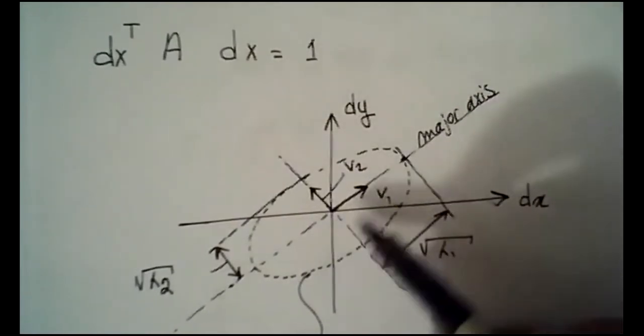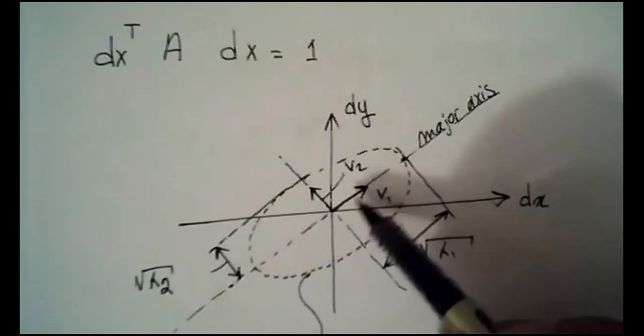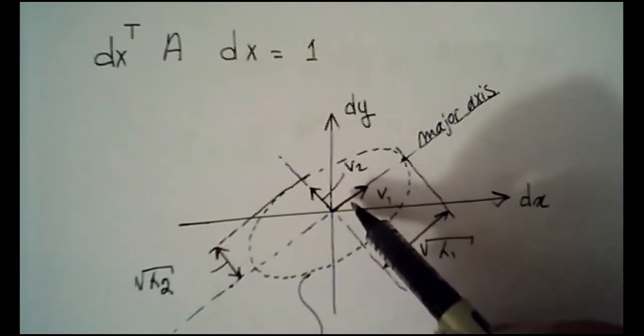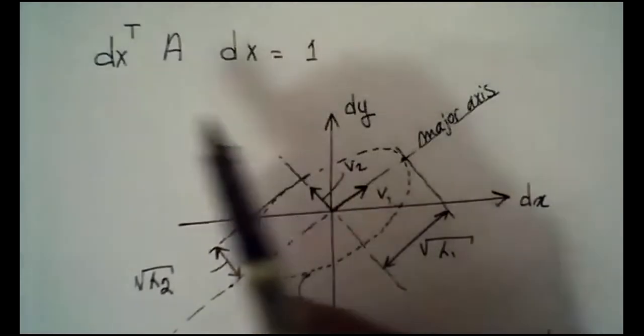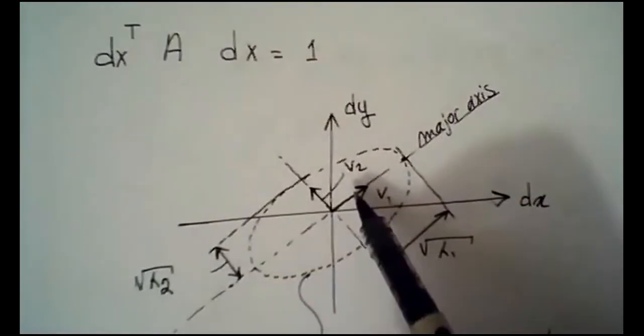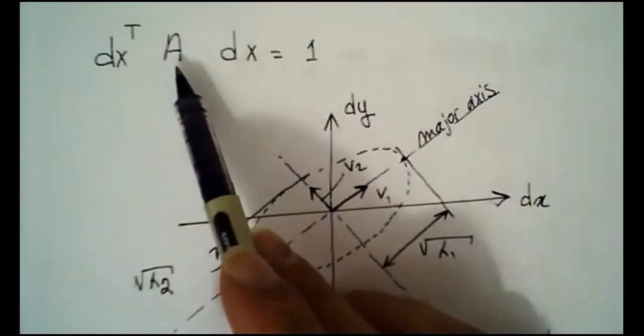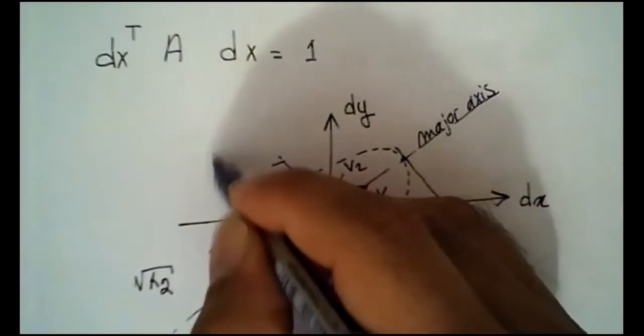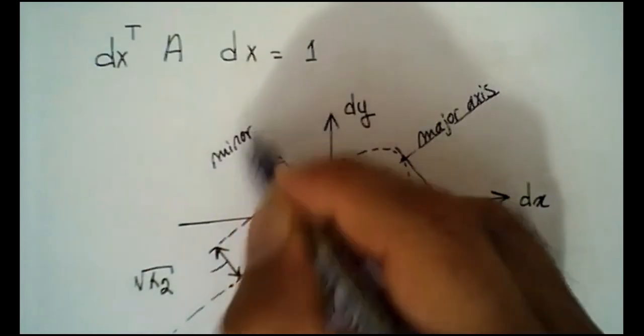The major axis of the ellipse will actually run along the first eigenvector. So V1 is the eigenvector of this matrix A, and V2 is the second eigenvector, and this is the minor axis.